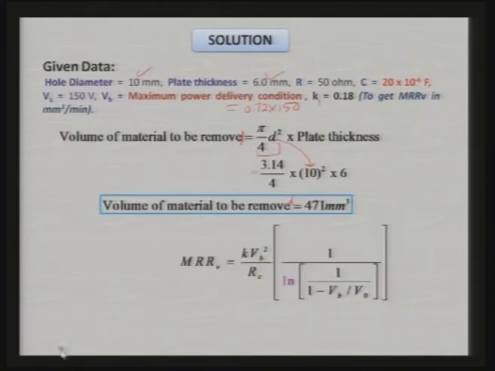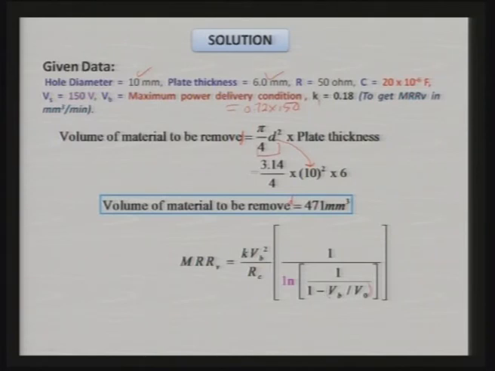So, now let us see what is the equation for calculation of the volumetric material removal rate in EDM using the RC circuit. That is given by K Vv² / (RC) multiplied by 1 over ln(1 / (Vv − V0)).